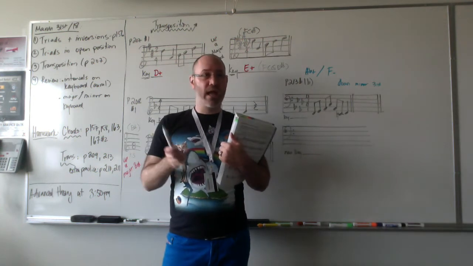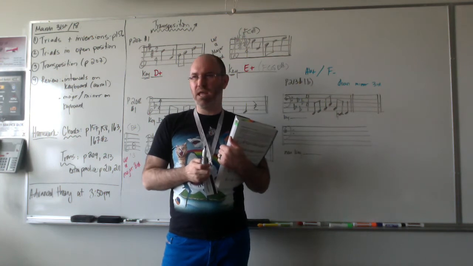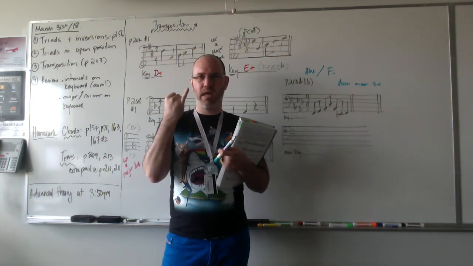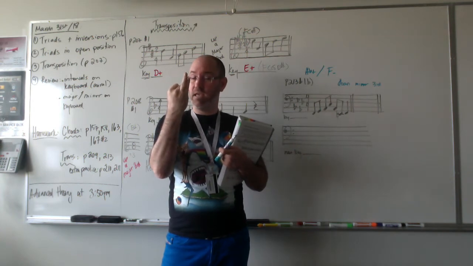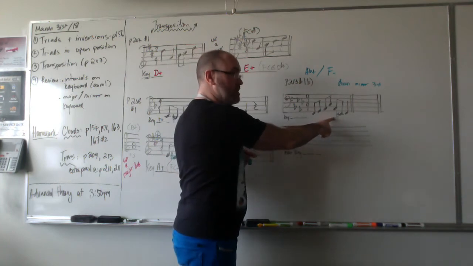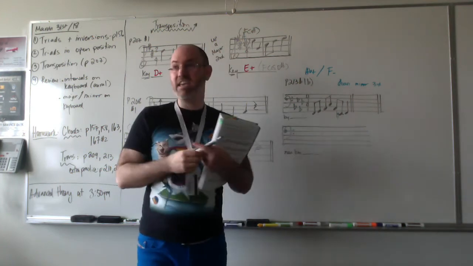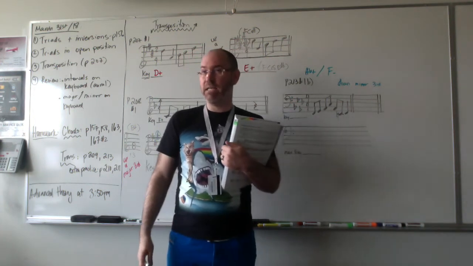Now, if we were in F minor, what would the 7th note be in F minor? F, G, A, B, C, D, E. What note is this? E. Is it supposed to be an E flat? Yes.